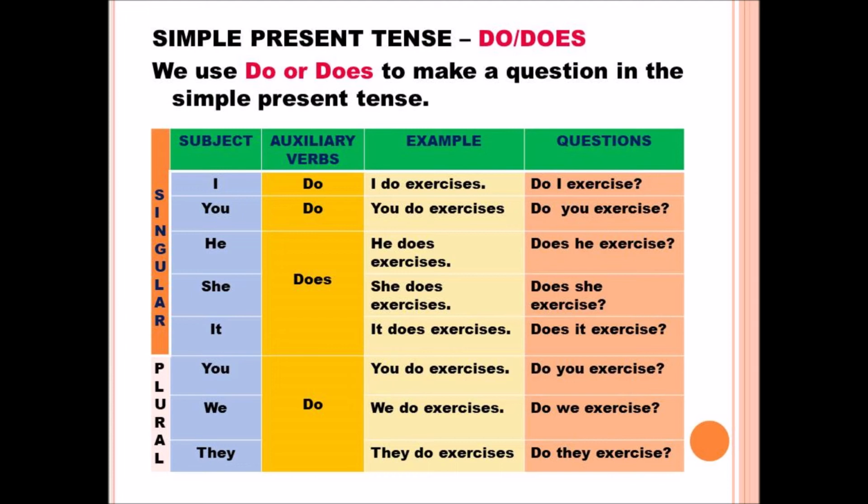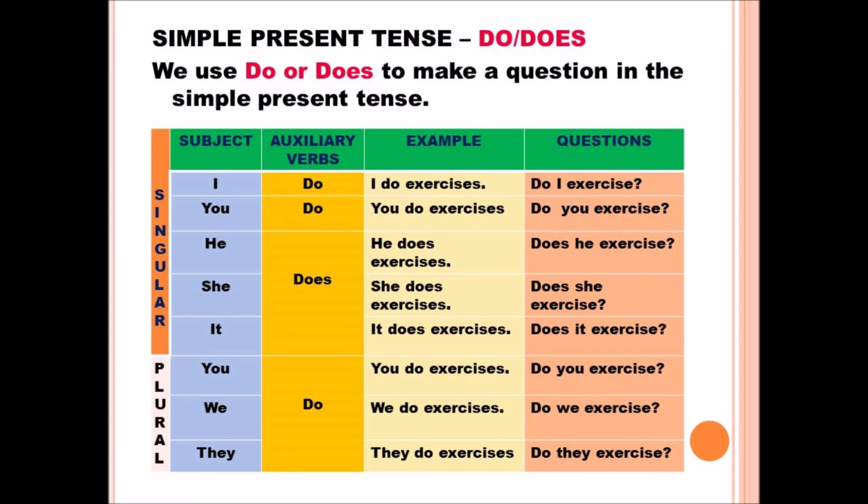Here the subject goes after do. Look at the example for you. You do exercises. Do you exercise? For questions, we must use do or does in the front. For he, she, it, we use does.